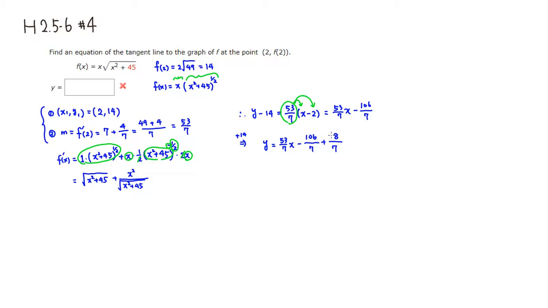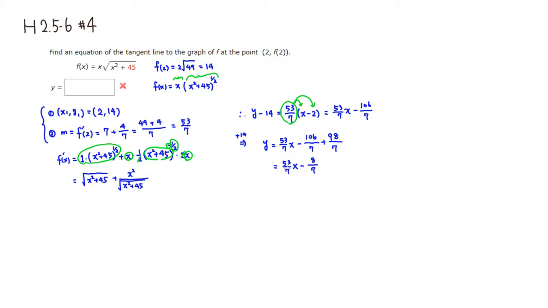So y is equal to 53 over 7 x, and then negative 8 over 7.